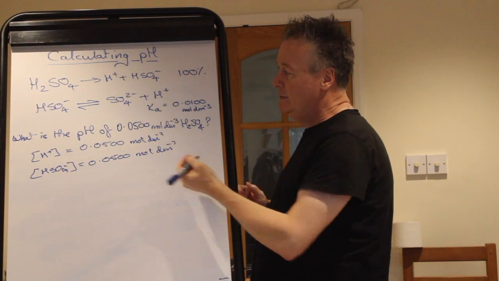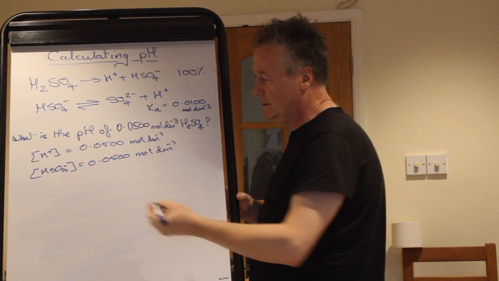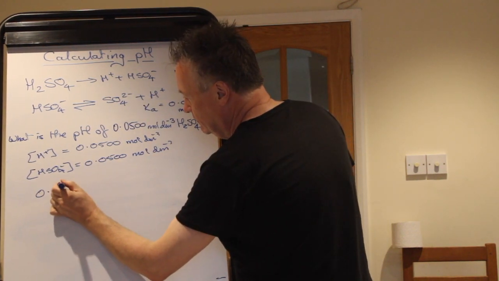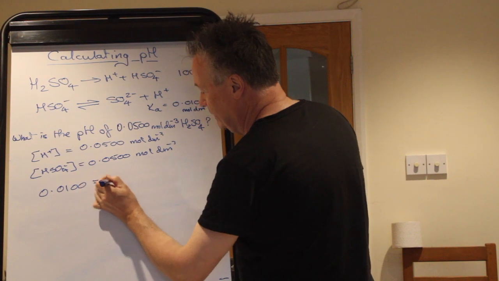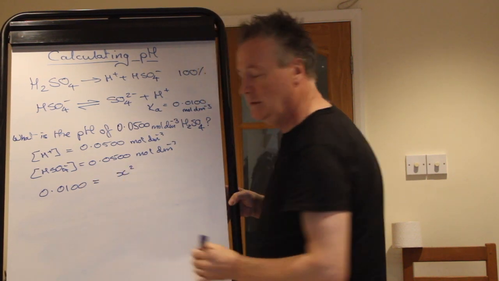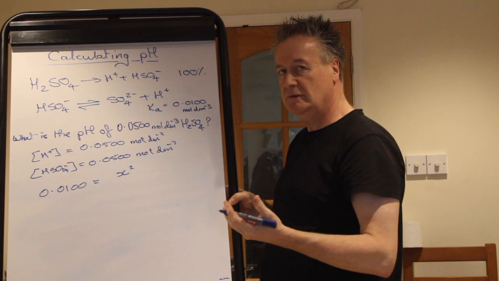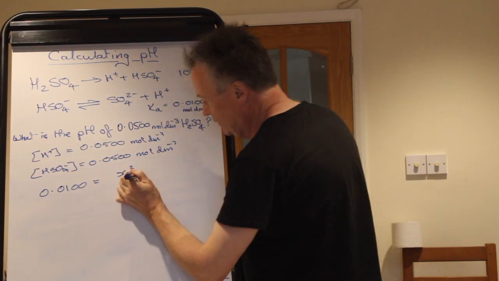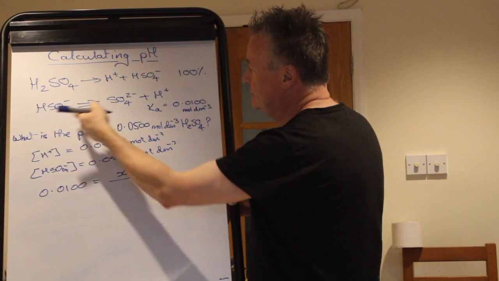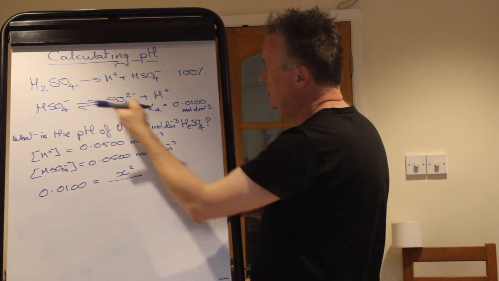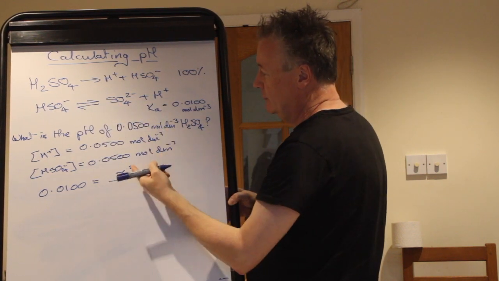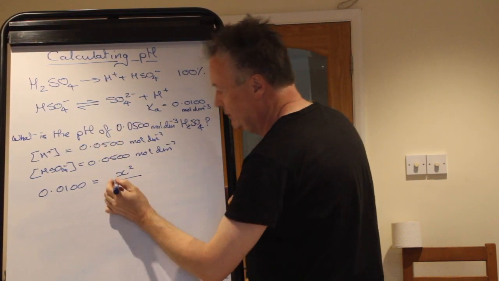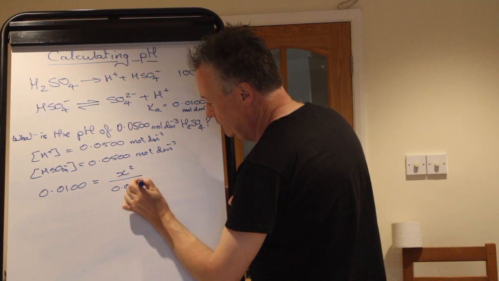And then we got a Ka value for this second one. So 0.0100 is the Ka value, and it equals, same idea as before, don't know the H+ or the sulfate concentration, so it's x squared, and then this concentration is coming out of the first equation, so it's 0.0500.